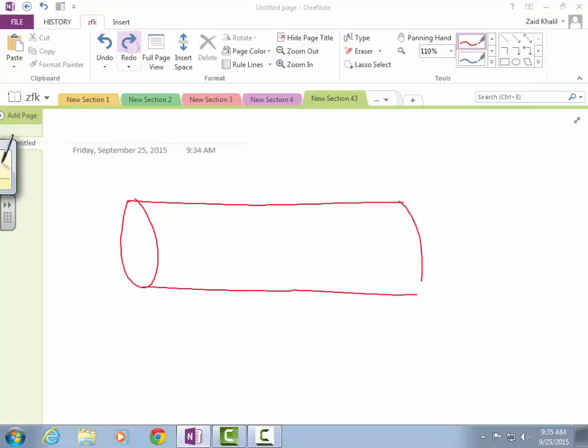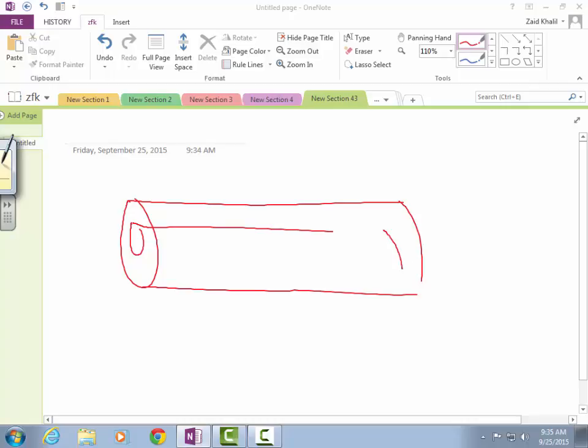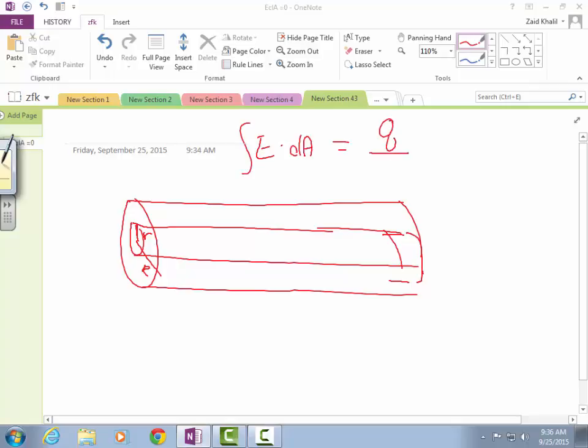At the end of the day, you want to be able to exploit symmetries. This has radius r, and this is radius big R. Oh, wait, no, I'm doing inside. Focus, guys. So what we have is the integral of E dot dA equals Q enclosed over epsilon naught.